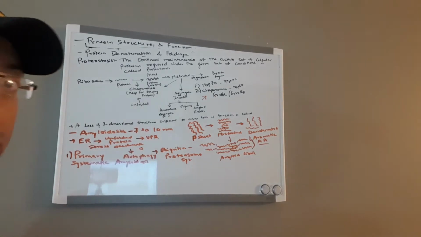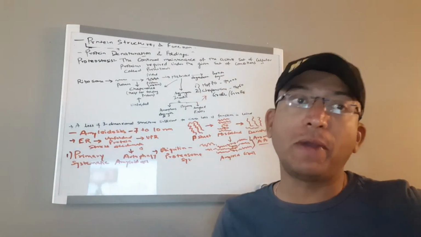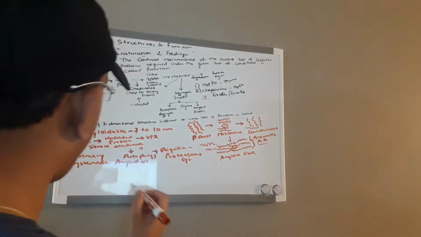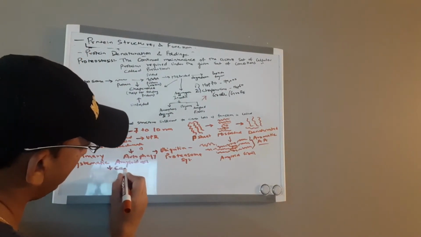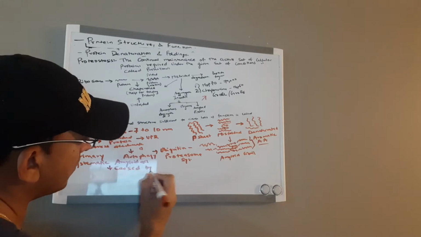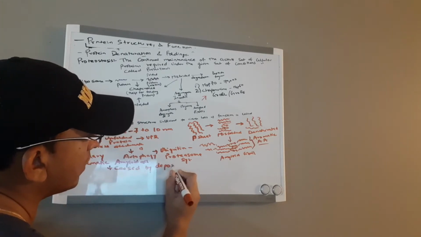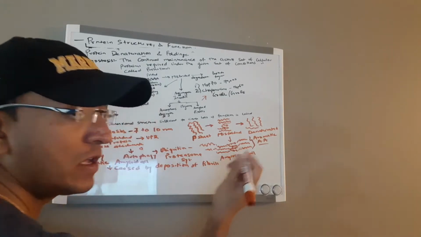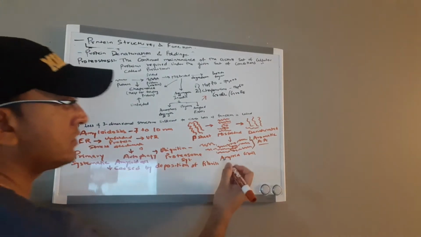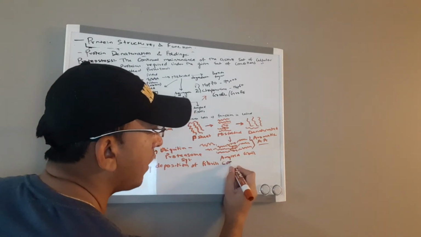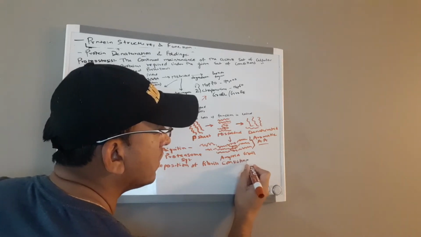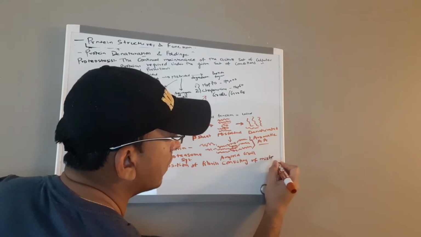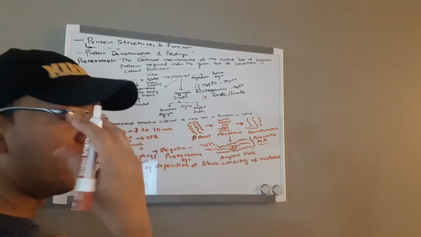So it's all right. So this is one. In this primary systemic amyloidosis, this is caused by deposition of fibrils. Of course it will be fibrils, but what kind of amyloid fibrils? Fibrils consisting of misfolded immunoglobulin light chain.